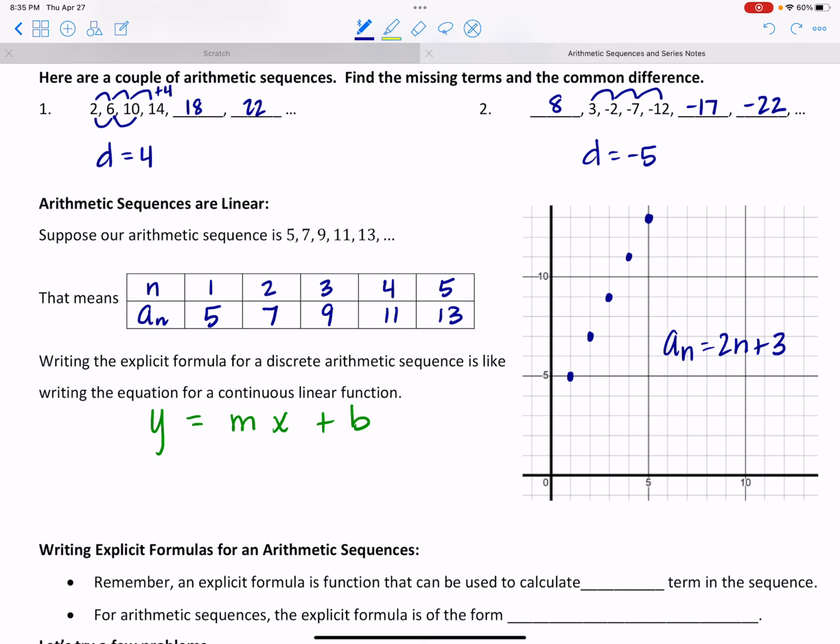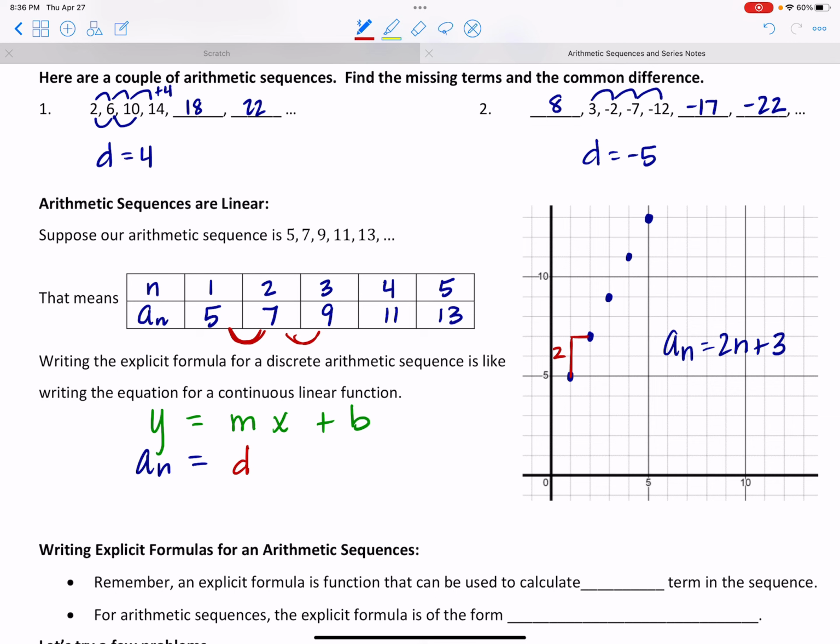We use a sub n, and m, that rate of change between the points, that rise and run, that m of 2, that is precisely the common difference between our 2 points, right? Our common difference, what we're adding to get from one number to the next, is 2. So instead of calling this m, we're going to call this our common difference.